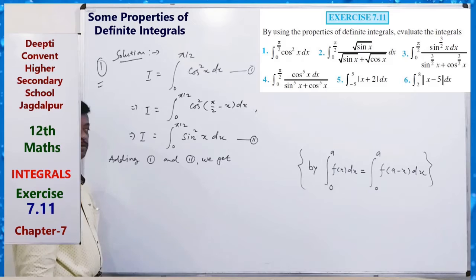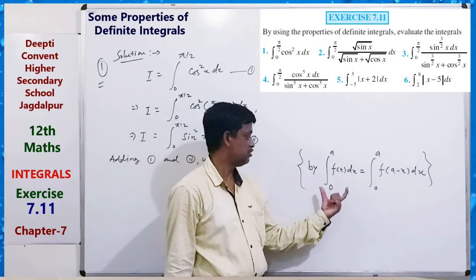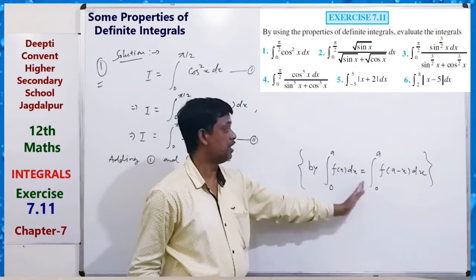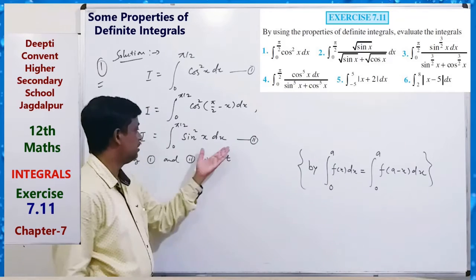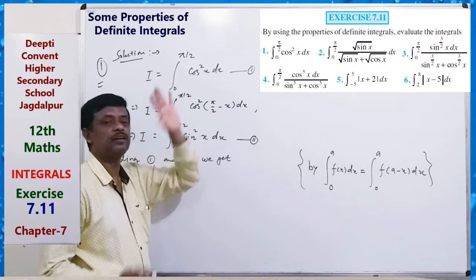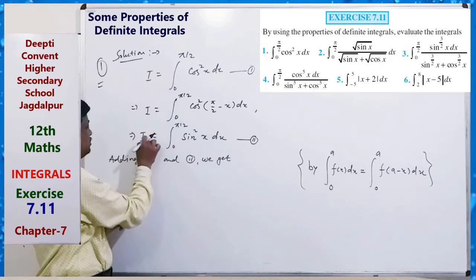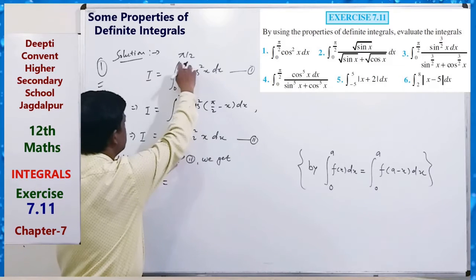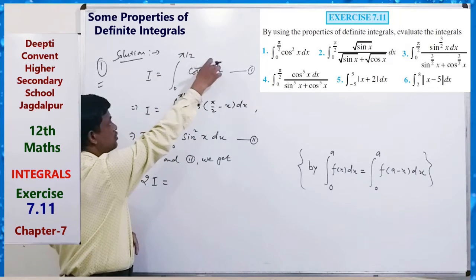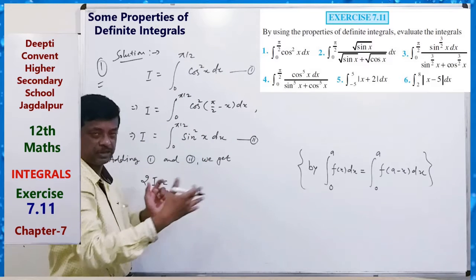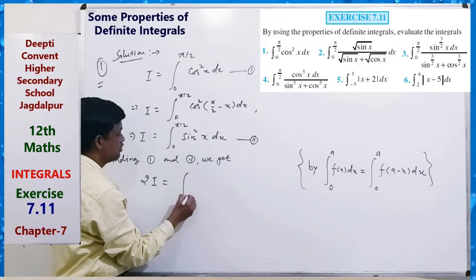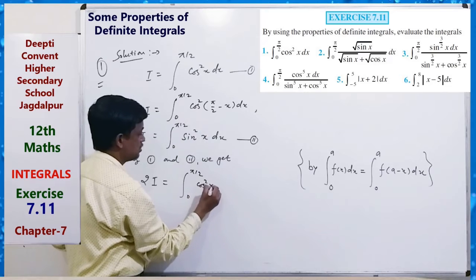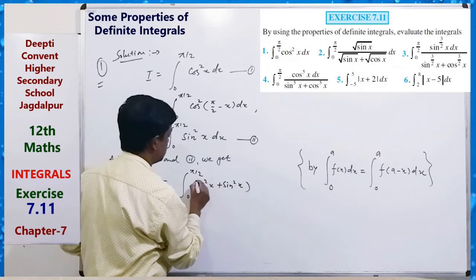When we use the 0 to a formula, our target is this: the first is the given value, and after applying this formula we get an integral like this. This is equation 2, this is equation 1, and we add them: 2I. The limits are the same, 0 to pi by 2, so we can take them once: the integral from 0 to pi by 2 of cos square x plus sin square x dx.